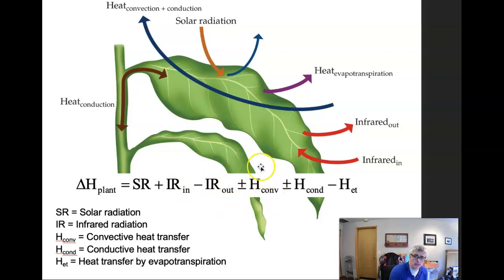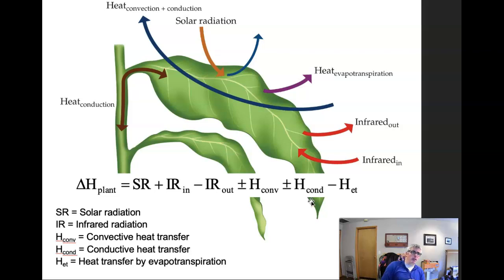Now, heat via convection or heat via conduction. Again, convection is wind. Conduction is through molecule to molecule physical contact. Those can be positive or negative. It depends on the temperature of the plant and the temperature of the surrounding environment.